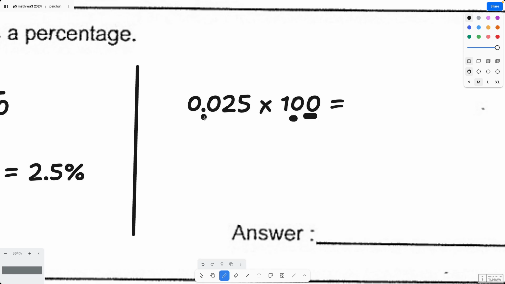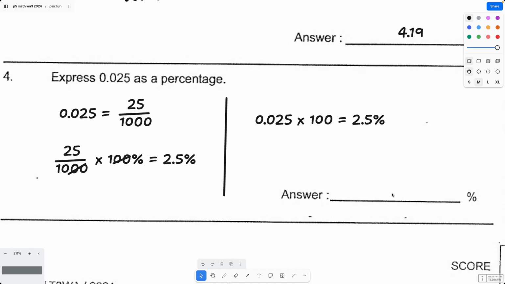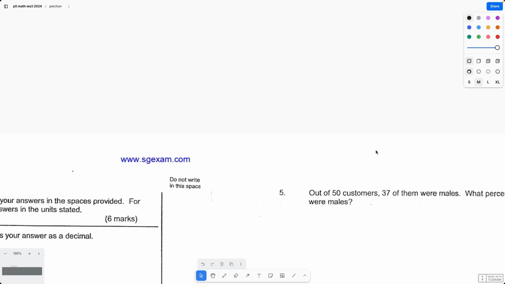So the decimal place will go from 1, 2, and the new decimal place is in between, giving 2.5. Okay, so that means in this case over here it's actually 2.5% as well. Okay, same, right? It's the same thing. So we can put 2.5% in this case over here. Alrighty, let's move on to the next question.